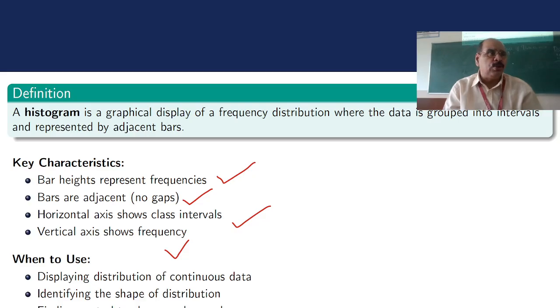I will be giving you some examples in Python using the matplotlib pyplot library, where I will be describing your marks in terms of histograms. We use this to distribute continuous data, identify the shape of distribution, and find central tendency and spread.